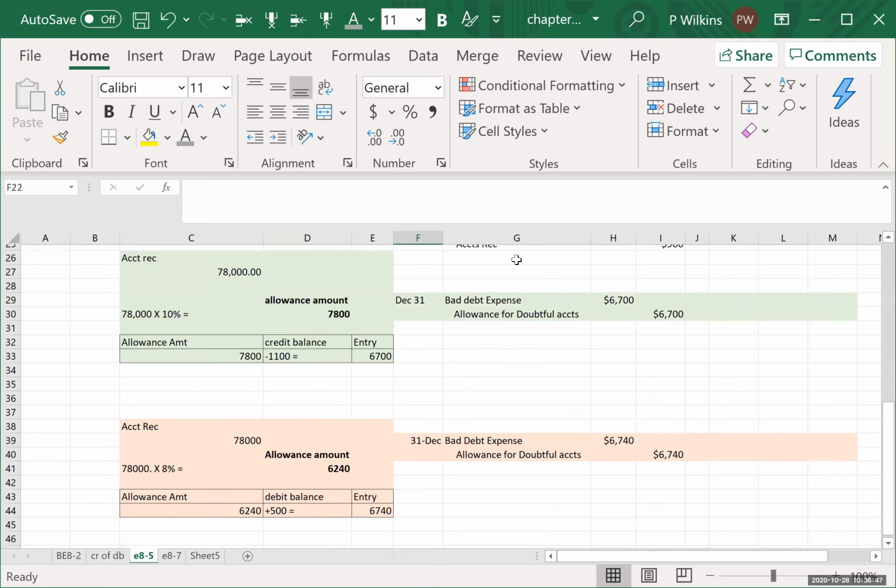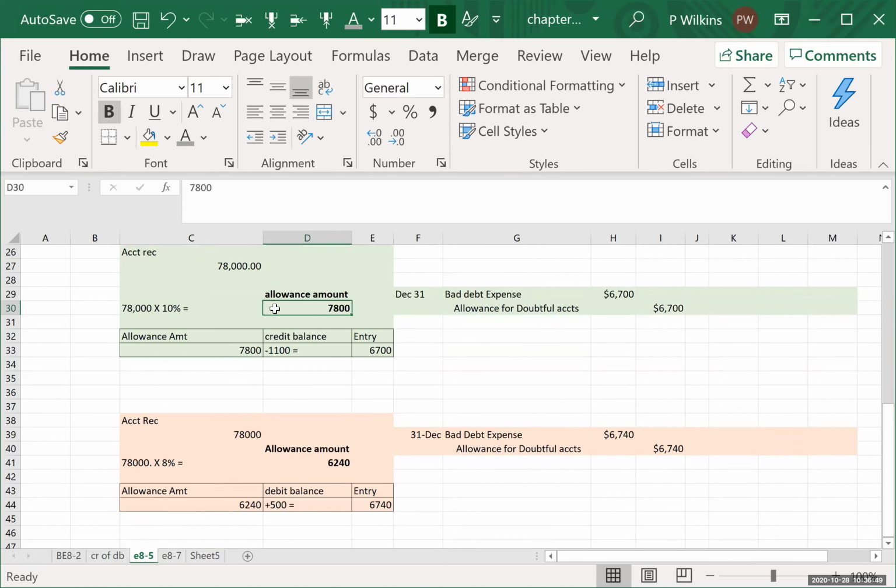The next one down shows you if the ADA has a credit balance, you subtract it to get your entry. The next one below is showing you if it has a debit balance to get your entry.